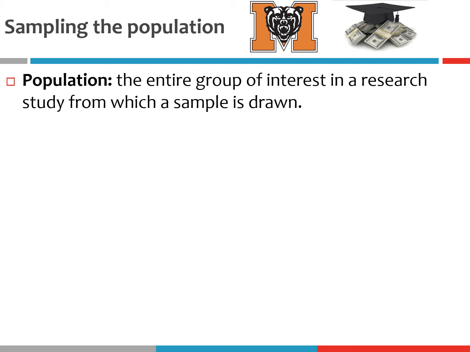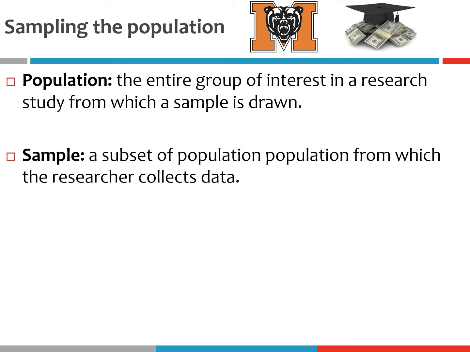And sometimes, even if you were able to identify the entire population, they might not want to participate in your study, right? So even if you could track them down, maybe they don't want to express their opinion about this tuition increase, right? So rather than question everyone in the entire population, researchers can simply study a subset of the population, and that subset is called a sample, right?